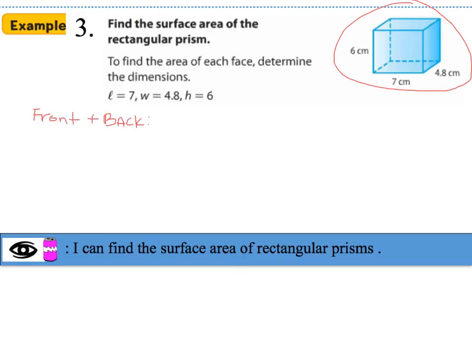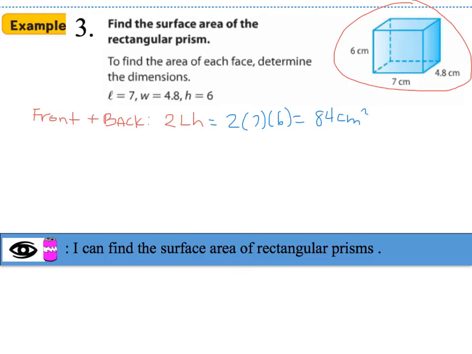So to find the area of the front and the back, I'm going to take 2, times it by the length, and times it by the height. So this would equal 2 times 7 times 6. And when I multiply that out, I get 84 centimeters squared. So that's the area of the front and the back.